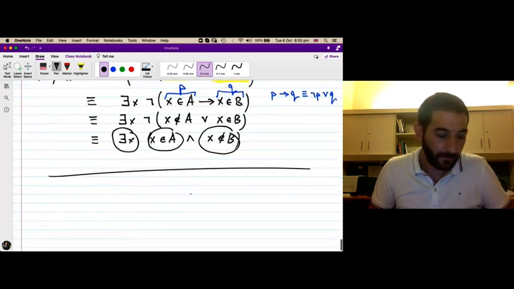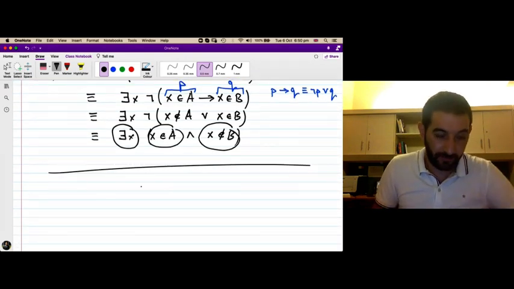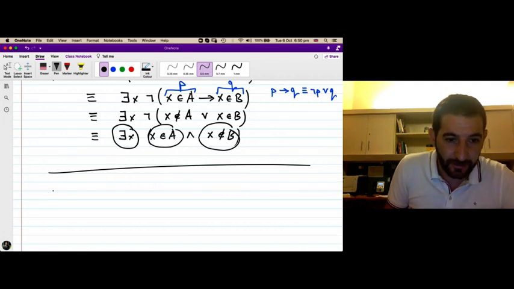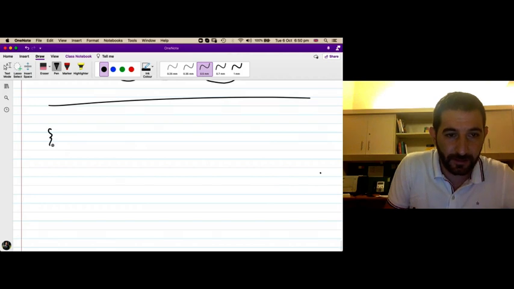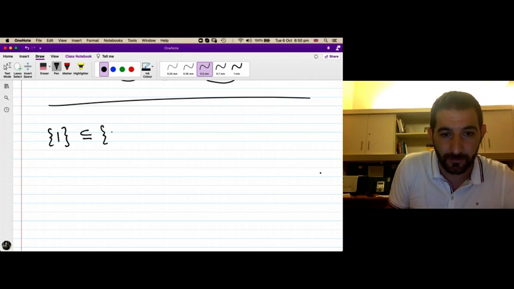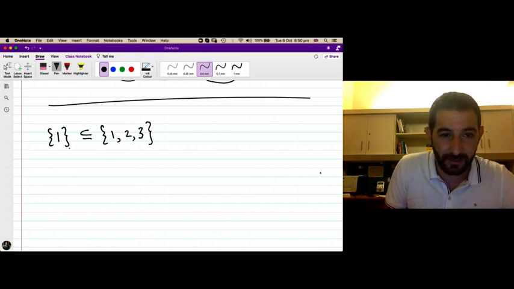Okay, let's have examples of subsets. For example, look at this set. This is a set containing one element, which is the number 1. This set is a subset of the set containing 1, 2, 3. Why? Because every element here is also here.